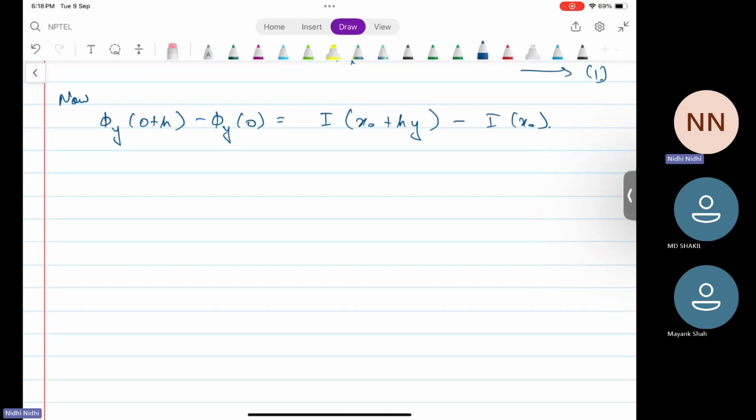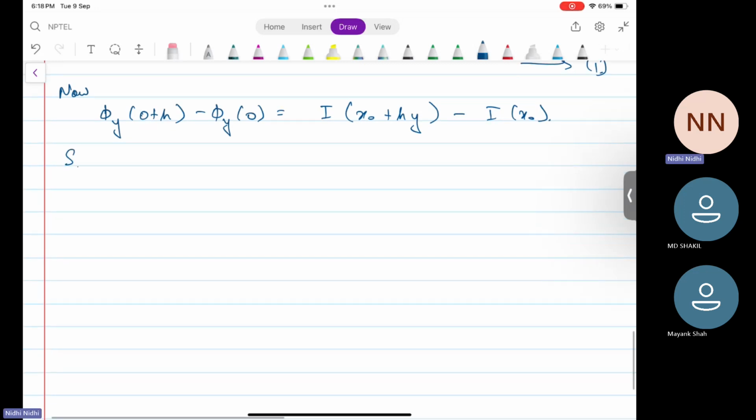So again here we'll start by supposing it is differentiable, then we'll see what conditions we need to get that differentiability. Okay, so suppose phi y is differentiable at 0.